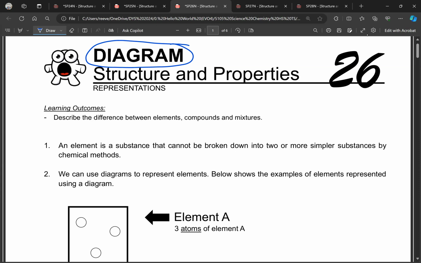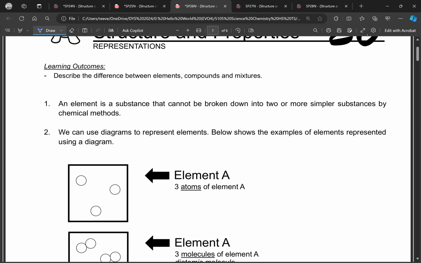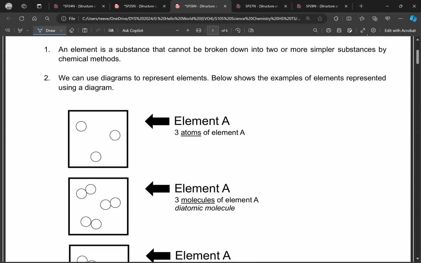Then very good. Otherwise, try your best to recall everything. Technically, I do not need to teach this part. But I have a feeling if I don't teach, you score 0, or you cannot remember any single thing. Okay, what's a diagram? This is a diagram. You see the picture, you know already.